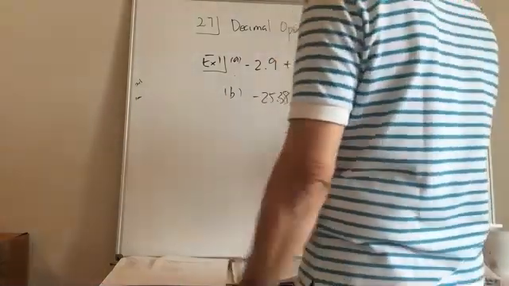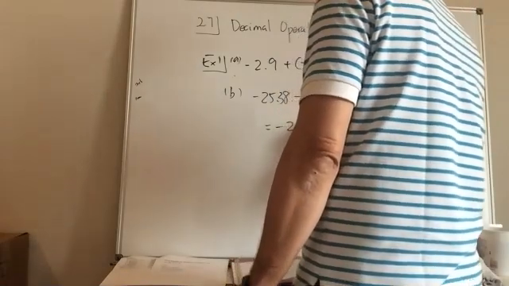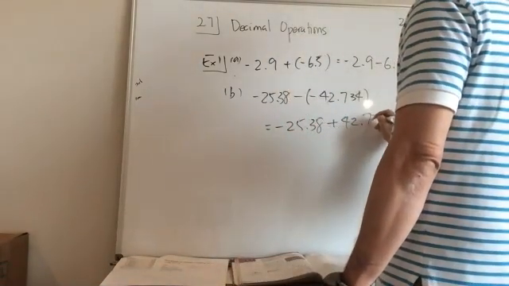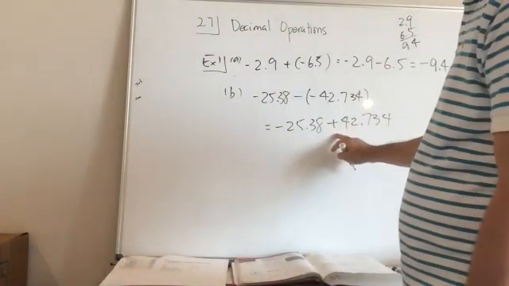Subtracting a negative becomes a positive, so this is going to be the same as negative 25.38 plus 42.734.